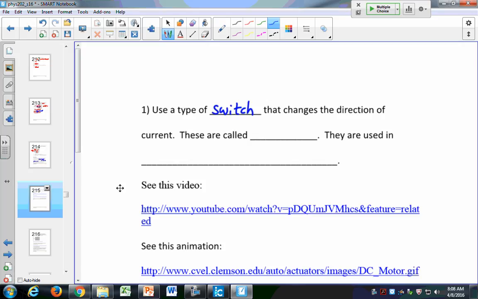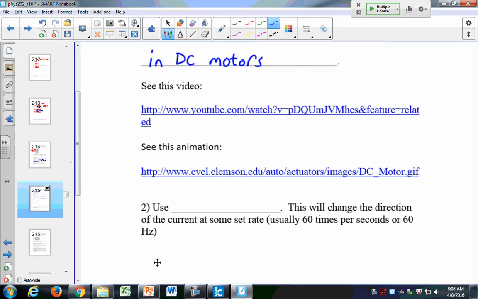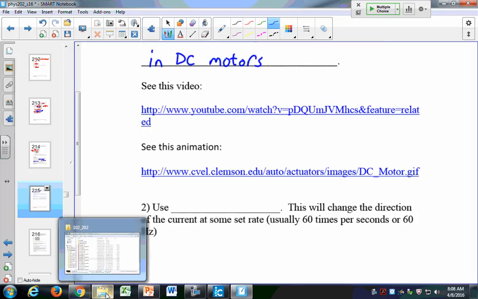In a motor, these are called brushes, and they're used in DC motors, in direct current motors. If you've ever rebuilt an electric motor, you've probably seen these before. Let's see, I have a little video and an animation. Let me show this to you.